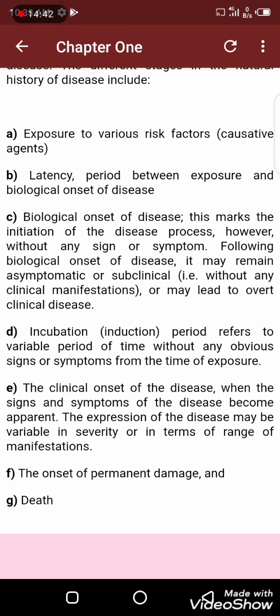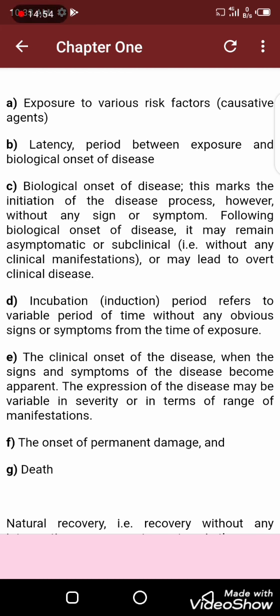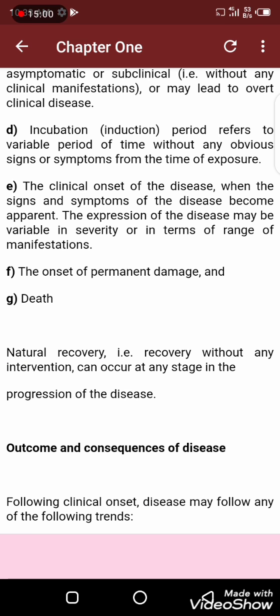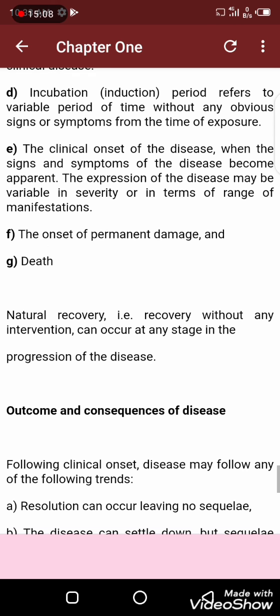However, without any sign or symptom following biological onset of a disease, it may remain asymptomatic or subclinical, i.e. without clinical manifestation, or may lead to overt clinical disease. Incubation period refers to a variable period of time without any obvious sign or symptom from the time of exposure.